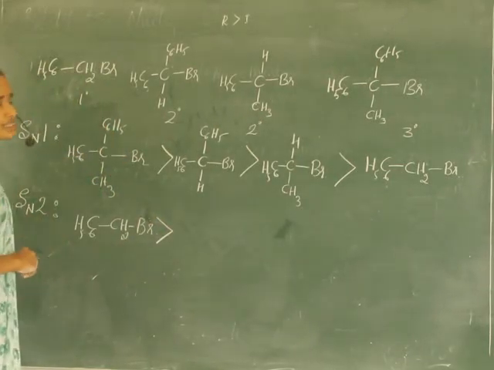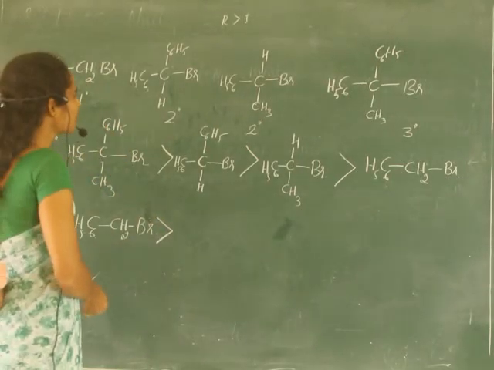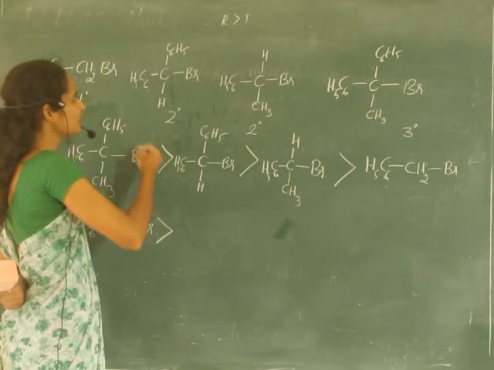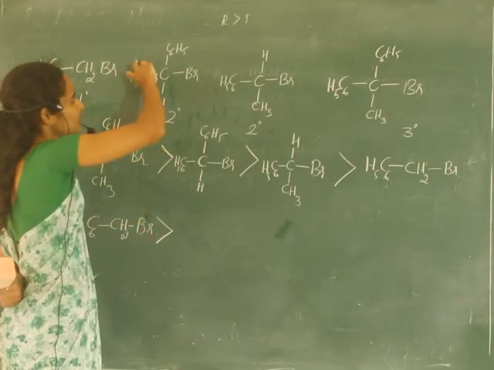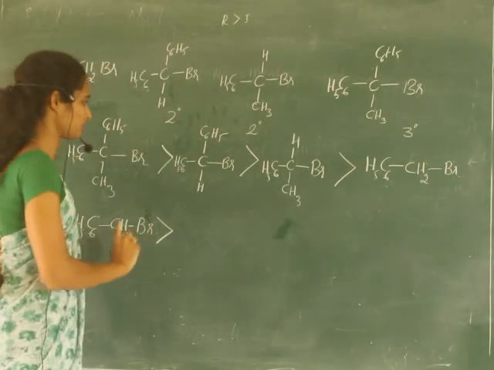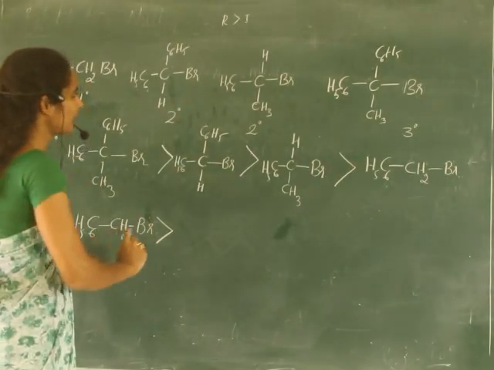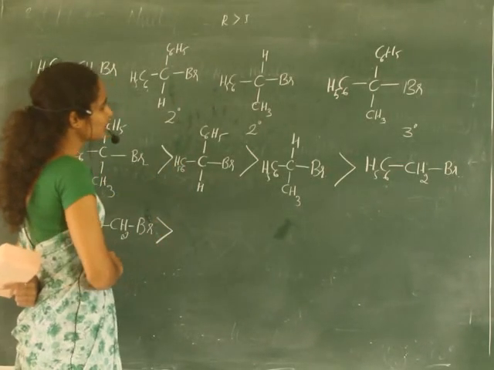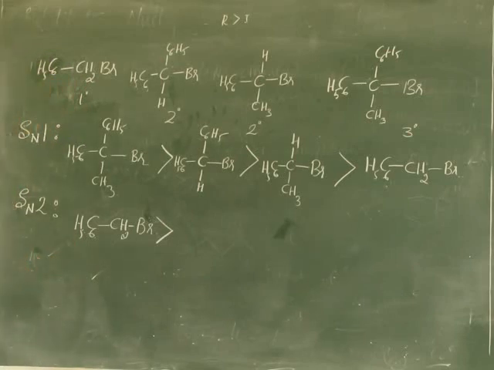Next is secondary. Secondary means again we have to see bulkier groups. Here C6H5 C6H5, right, and in the next compound it is C6H5 and CH3 Br. Now which one will undergo SN2 reaction at a faster rate?